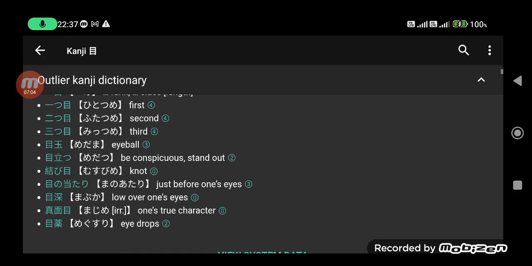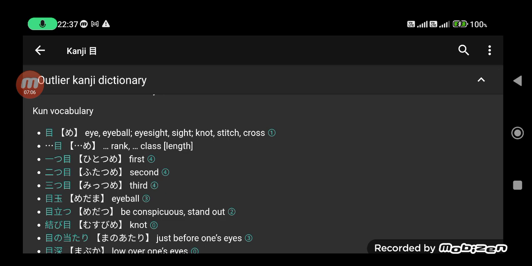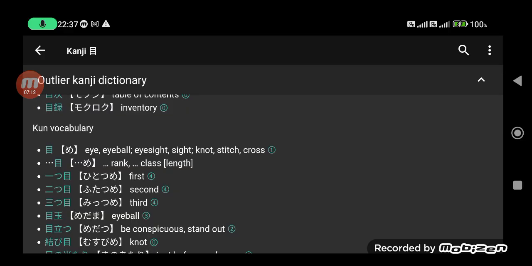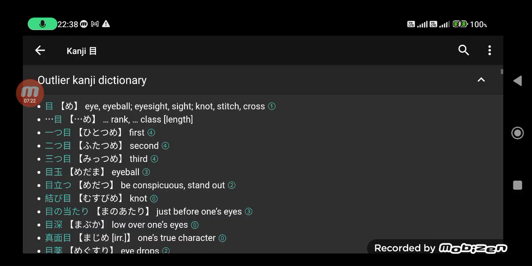Do we have any pattern here like blah blah blah or three dots? We have me, which means rank, and I will further discuss this me later on. And we have here a counter.